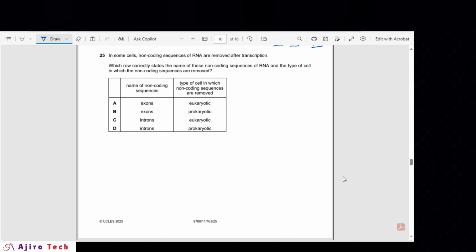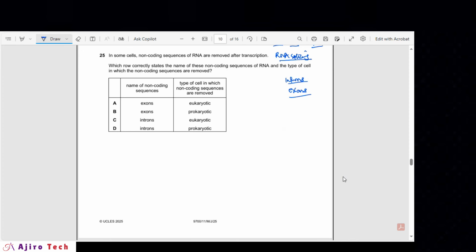So in some cells, non-coding sequences of RNA are removed after transcription. We call that RNA splicing. Remember, RNA splicing is the removal of introns, which are the non-coding sequences, and the joining of exons, which are the coding sequences that contain genes. So which row correctly states the name of these non-coding sequences of RNA and the type of cell in which non-coding sequences are removed?